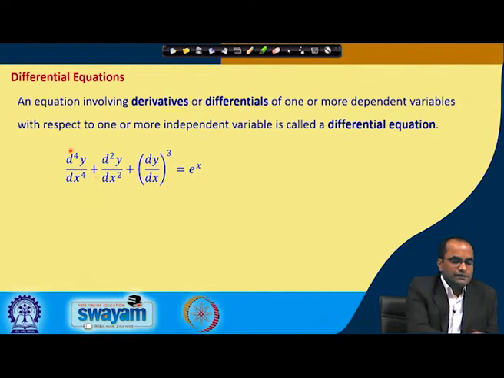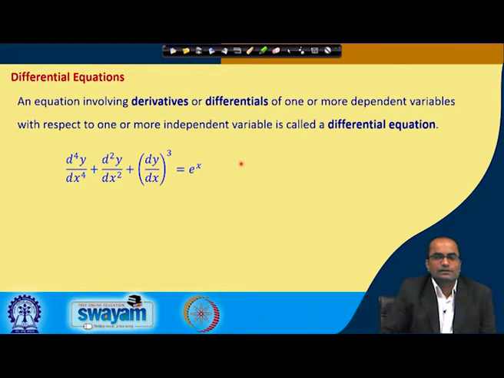We have these derivative terms in these equations and therefore we call them differential equations. This is an ordinary differential equation because these derivatives are ordinary, meaning we have only one independent variable, x. In this case, y is a dependent variable on x.